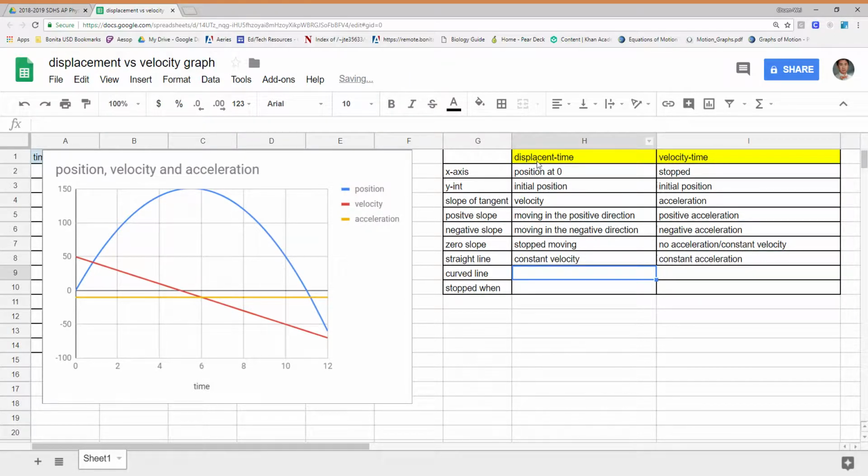A curved line in the displacement time graph means that we have some sort of moving velocity, like a velocity that's an angled line. And then here, a curved line means that we have a changing acceleration.